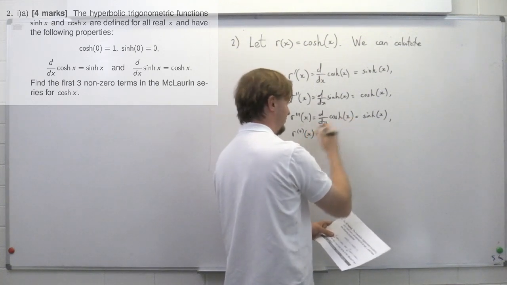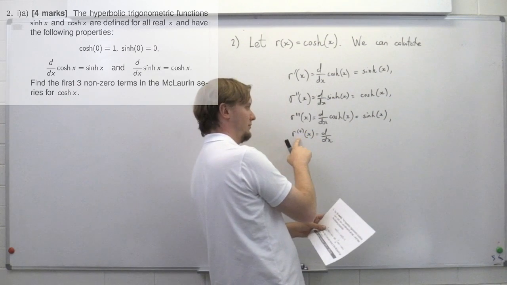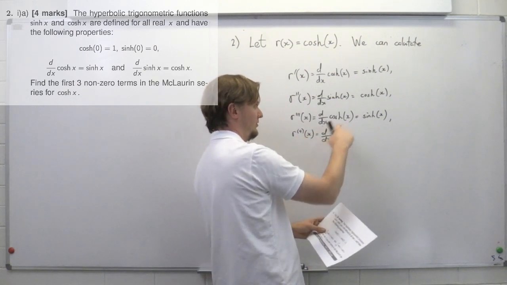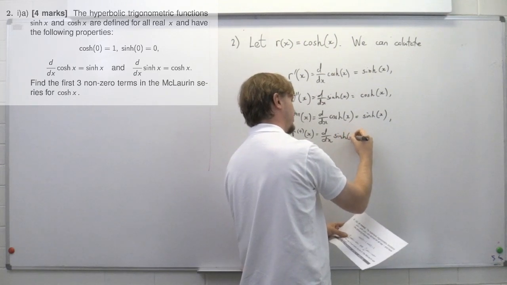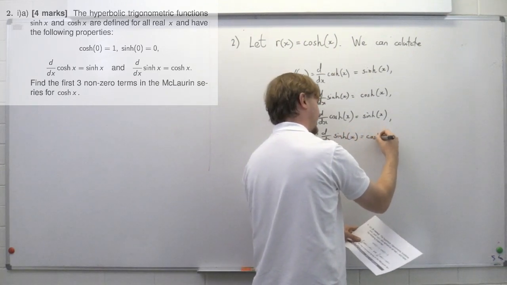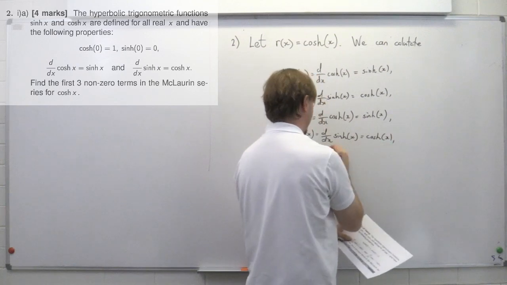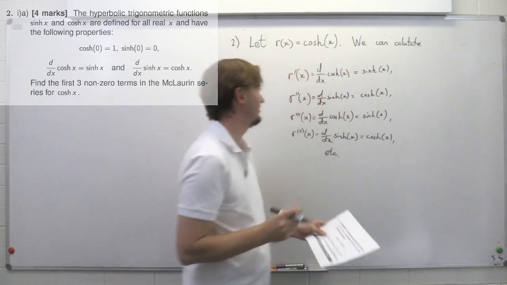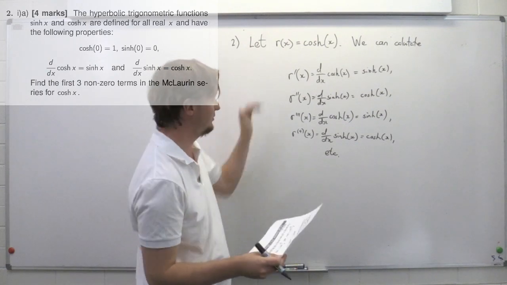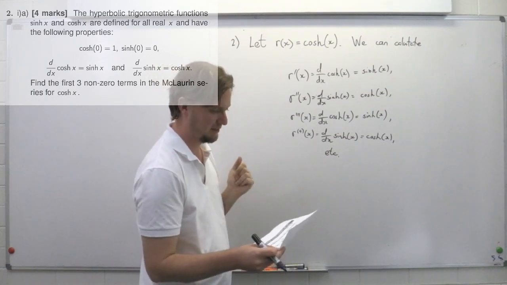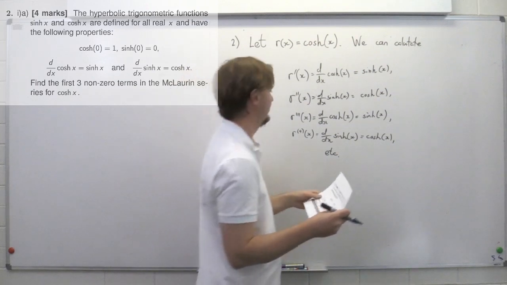The fourth derivative of this function r is going to be the derivative of hyperbolic sine, which is just the hyperbolic cos. And that pattern just continues. So that's nice, because now I can work out what these derivatives are at 0 using the other information we're provided with.